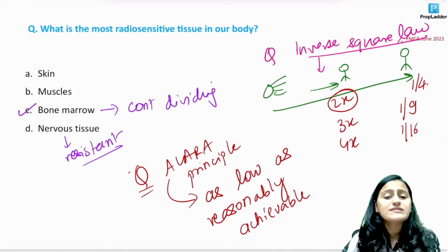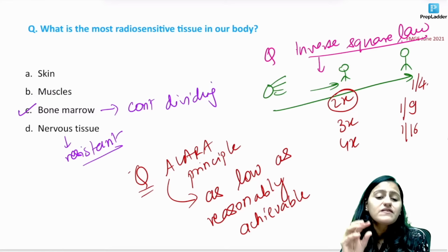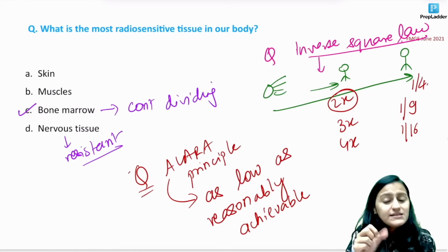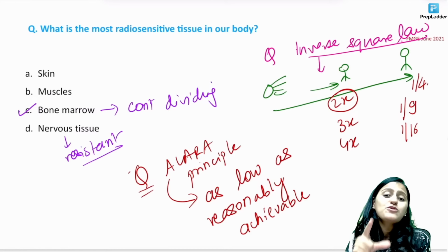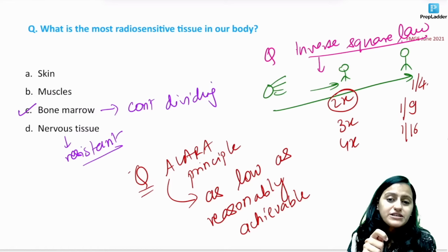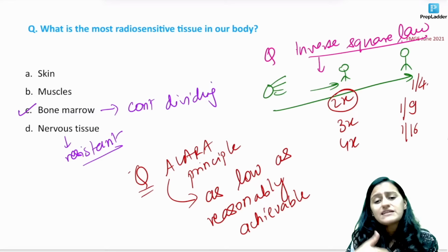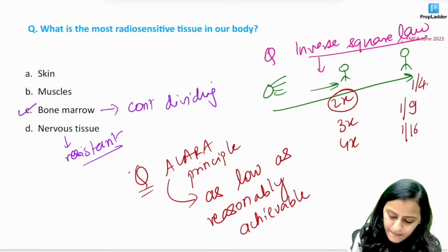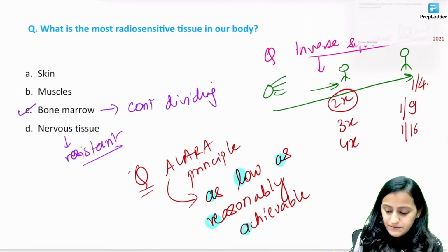That's the concept of the ALARA principle: as low as reasonably achievable radiation is what the patient should receive during any investigation. As low as achievable, but reasonably achievable. That means without affecting the image quality, because if the image quality is bad, again you'll have to take an x-ray, for example. That's giving another radiation, and that is why you have this ALARA principle, as low as reasonably achievable.